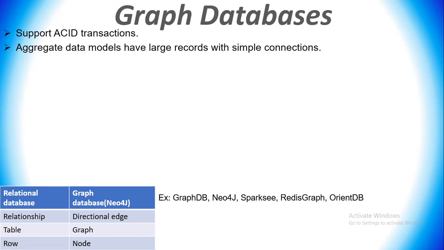If you take the number of relationships, the graph model has the highest number, the relational model has the average or medium number, and the aggregation model has the least. So you can see that the relational model resides between the two extremes, the aggregation model and the graph model.